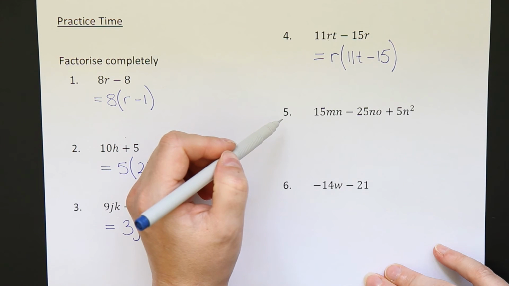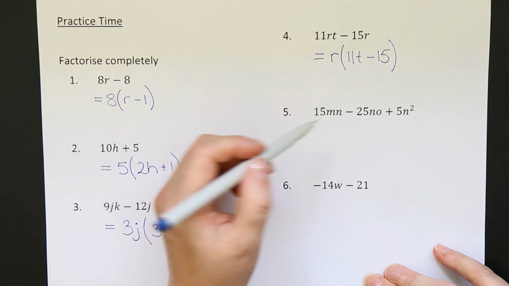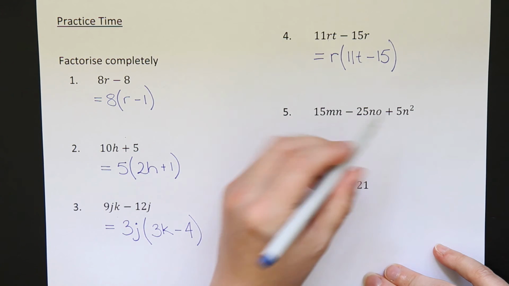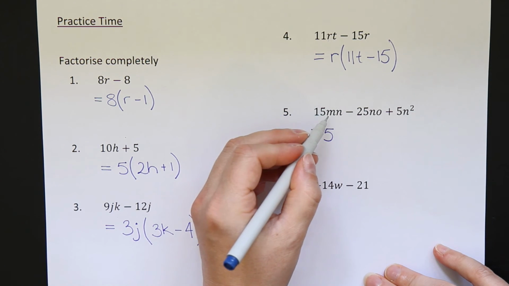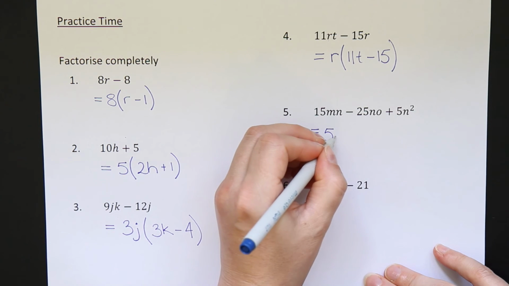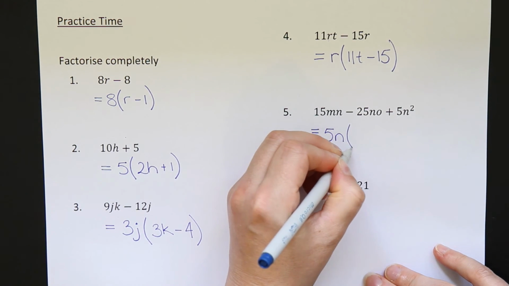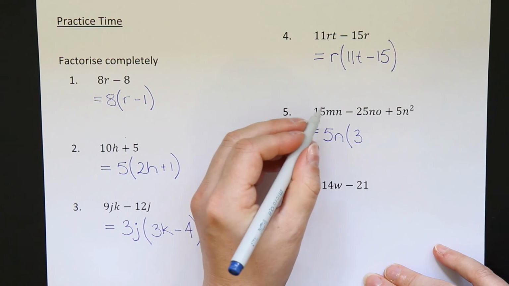Okay, question 5, we have 3 terms, 15mn minus 25no plus 5n squared. Each of those numbers can be divided by 5. And there is also n in each of those terms. So let's open the bracket. 15 divided by 5 goes 3 times.